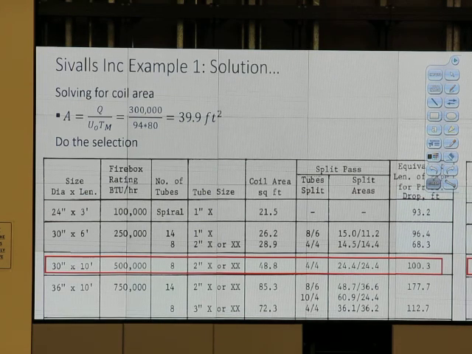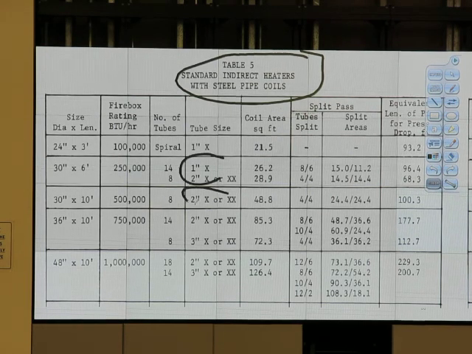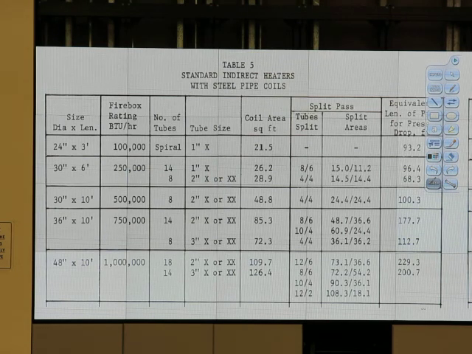Even though this chart, table 5, standard indirect heater with steel pipe coil, has several pipe sizes, it is arranged such that the coil area goes up.